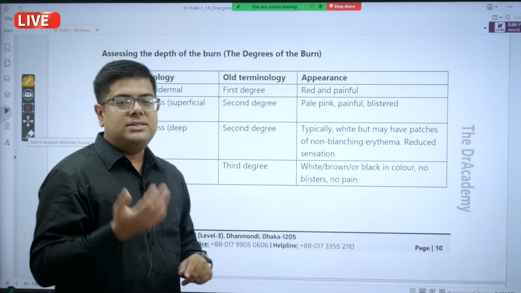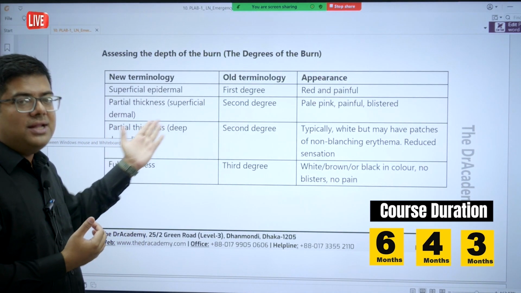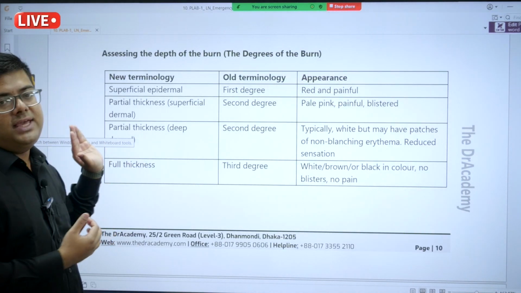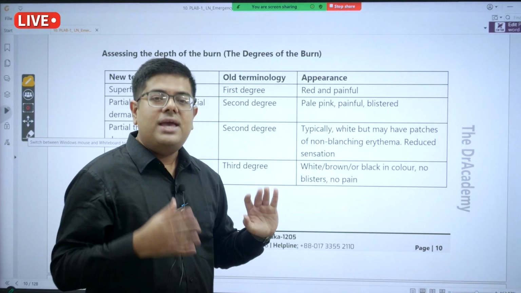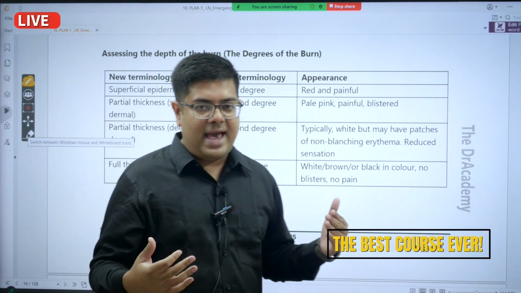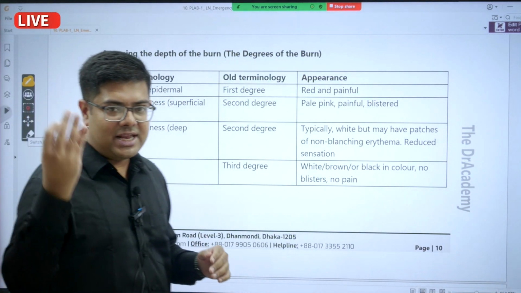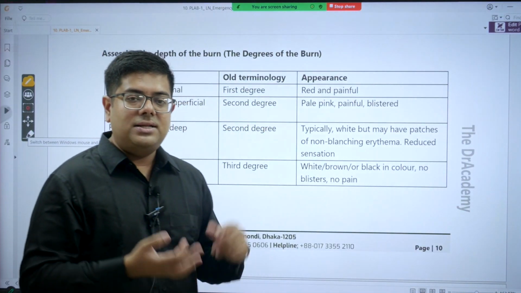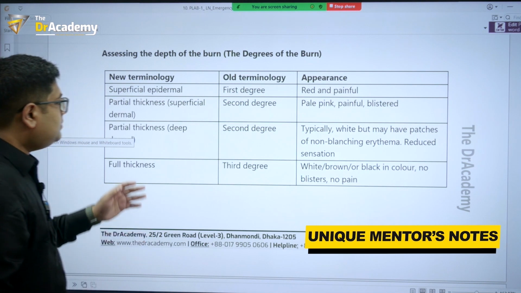Superficial epidermal, then dermal is divided again into 2 categories: superficial dermal, deep dermal, and then full thickness burn. Previously we used to say first degree, second degree, third degree. You can say first degree, second degree, third degree, but for our exam you have to memorize the new terminology, that is superficial epidermal, superficial dermal, then deep dermal, then full thickness burns.